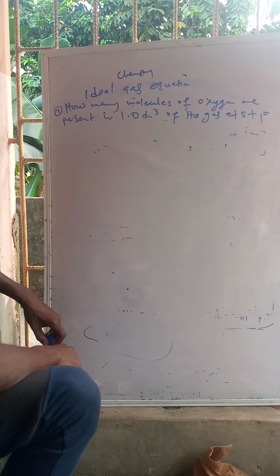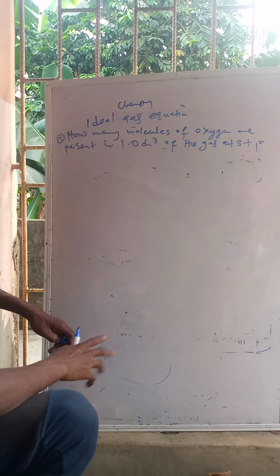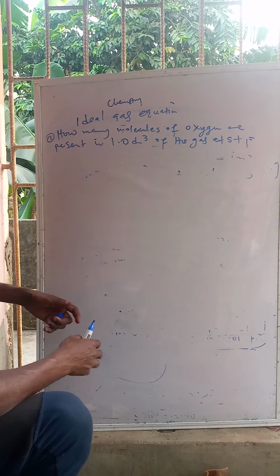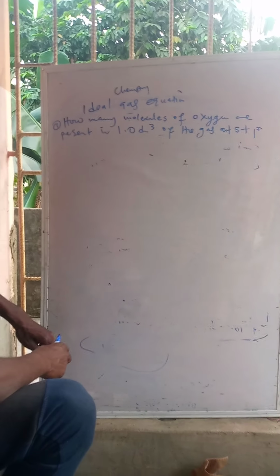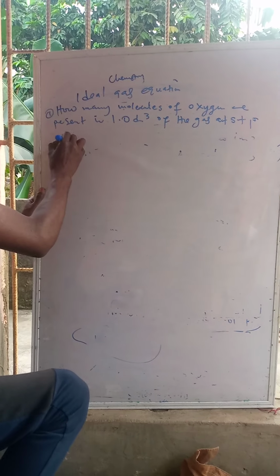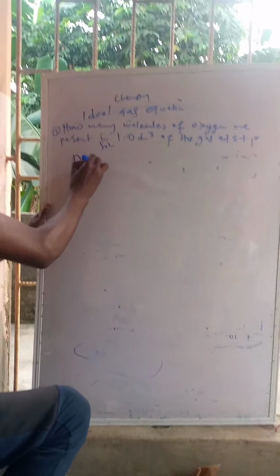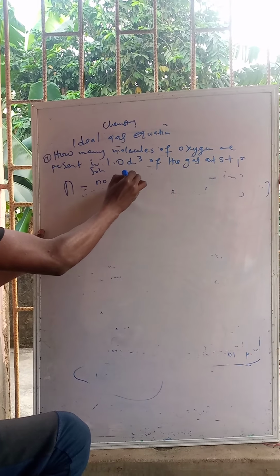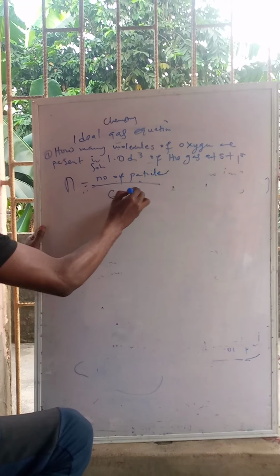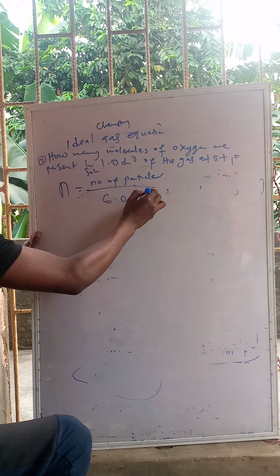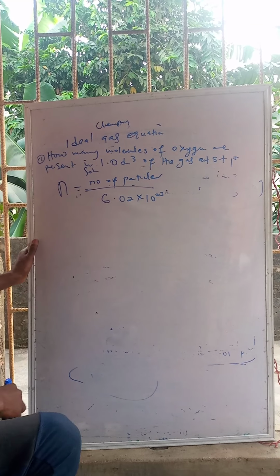So when they say how many molecules, they are asking you how many particles of oxygen. And the formula that deals with particles is number of mole equal to number of particles over Avogadro's constant, which is 6.02 times 10 raised to the power 23. But there's a problem here.